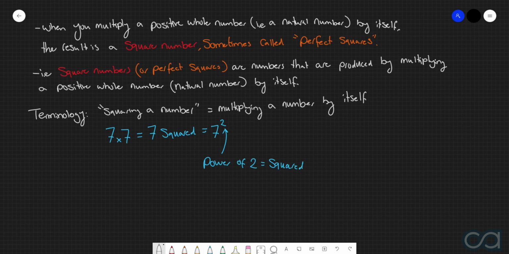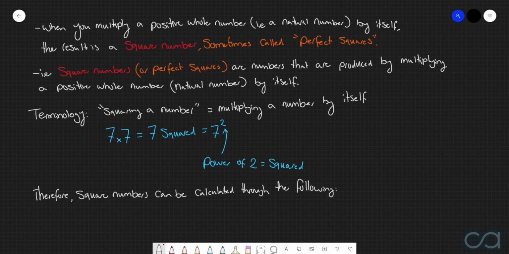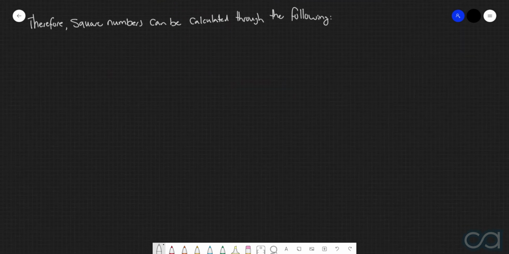And so what this effectively means is that square numbers can be calculated by performing the following calculations. All we do here is we grab all of the natural numbers, in other words, all the positive whole numbers, and we square them, and then we see what the result is.